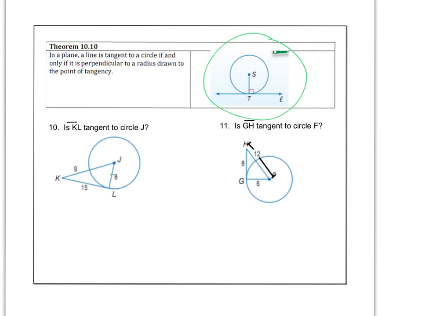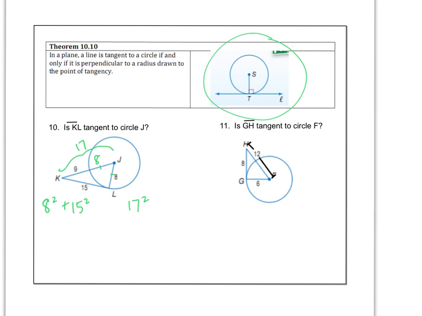See this radius of 8? This radius will also be 8. And so this whole side from K to J is actually 17. So when we do this Pythagorean theorem, we're going to do 8 squared plus 15 squared, and we're going to see how does that compare to 17 squared. We're going to try to determine if they're equal, if it balances out.